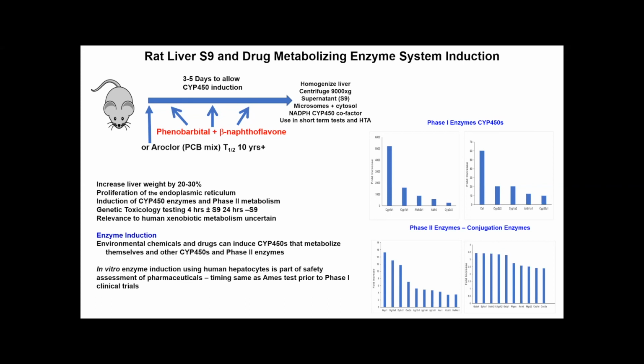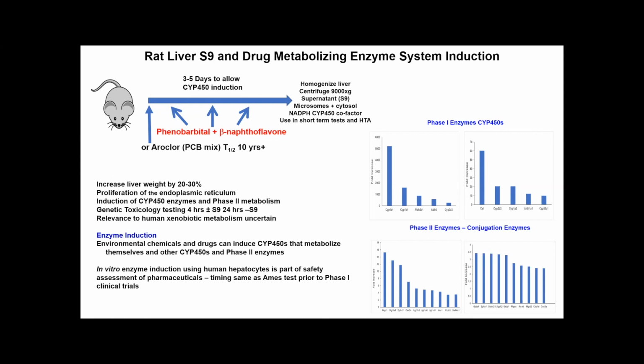So it's called S9 because it's a supernatant from a 9,000 G spin. When we use it in short-term tests, it's only supplemented with NADPH cofactors, which drive cytochrome P450 mediated metabolism. And so you don't have phase 2 metabolism in these systems, and that's a huge problem, at least in my mind. I've got a grant on that basis.